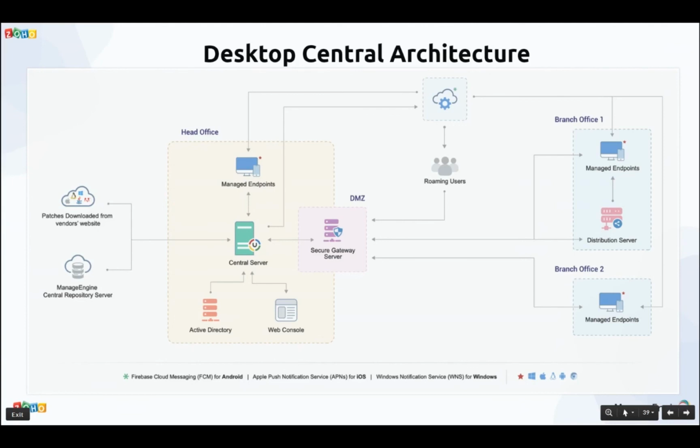In the simple example you see here, the agents are directly communicating with the Desktop Central server because they are within the same network. And you have computers that are in branch offices.